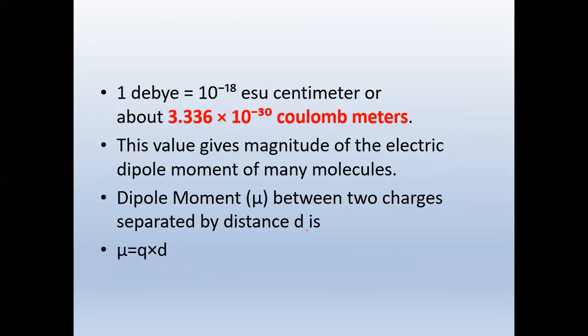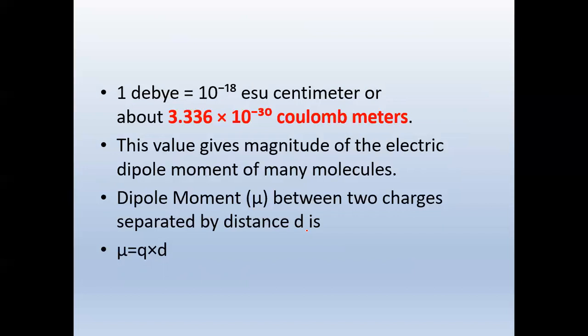Next, this is another set of equations and constants that you need to remember. 1 Debye. So, you know, this is in electrochemistry chapter. So, 1 Debye is equal to 10 raised to minus 18 ESU centimeter, or about 3.336 into 10 raised to minus 30 coulomb meter. This is not in electrochemistry, I'm sorry. This is for dipole moment.